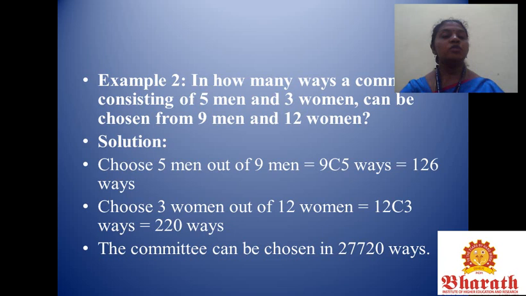Next, you choose 3 women out of 12 women, so that is 12C3. So 12C3 equal to 220 ways. So the committee can be chosen in 126 into 220 ways. That is, by using the fundamental principle of counting, the committee can be chosen in 27720 ways.